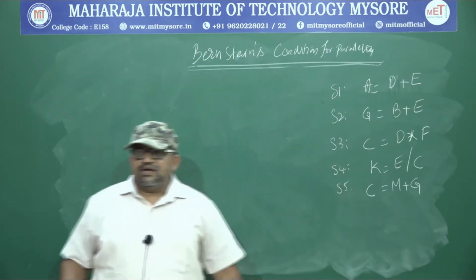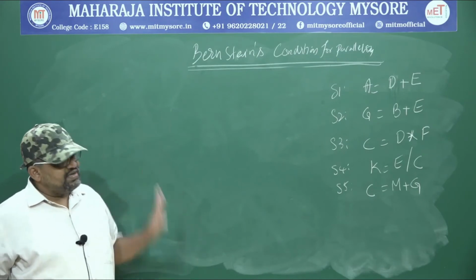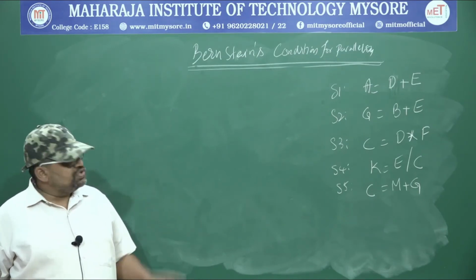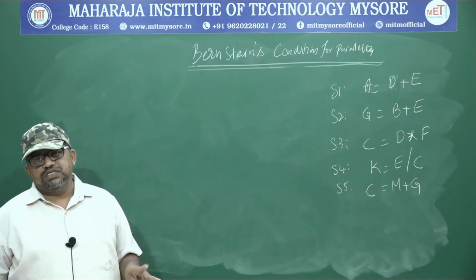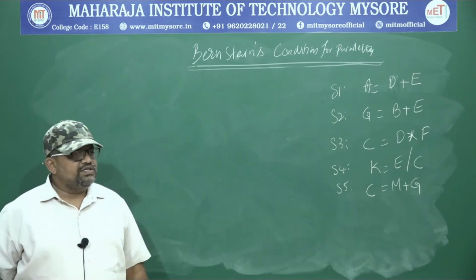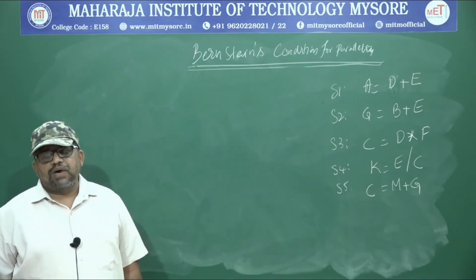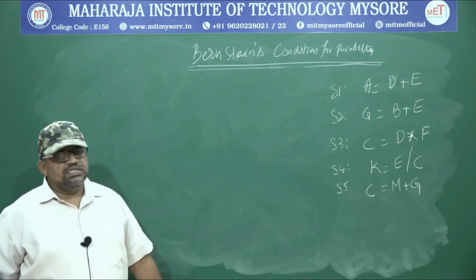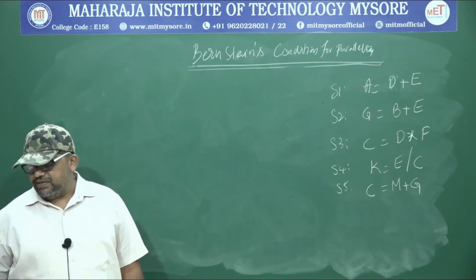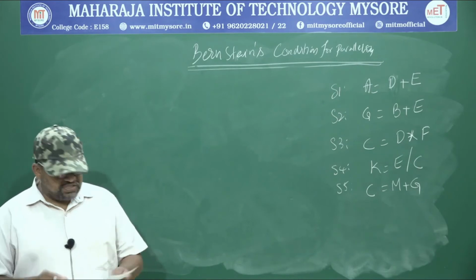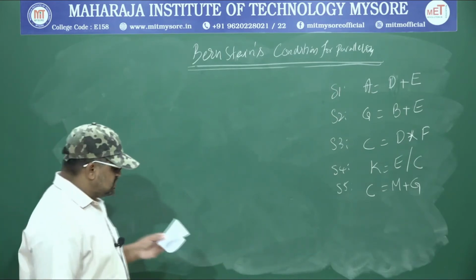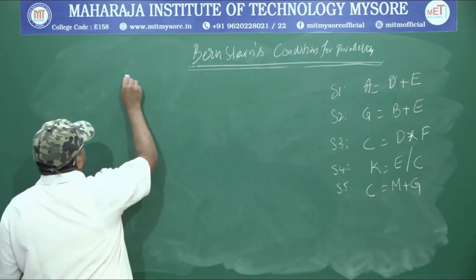Right? So again, for solving this I am using a table approach. I am going to draw 2 sets of tables. Using those tables, I will try to find out the parallelism among all these statements S1 to S5. Clear? Right. The first step: input and output set of the given processes.